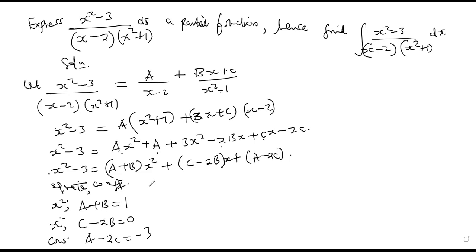So you can solve these equations. You can make any of them the subject here. You can say a is equal to 1 minus b. This is your equation 4 maybe.